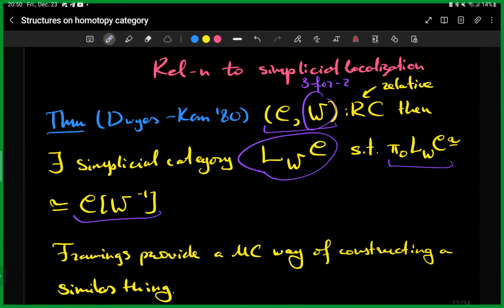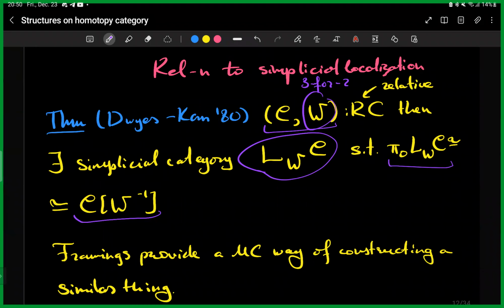The thing is that all this business with framings is a model-categorical way to circumvent this, in a sense, logically tedious construction where we have to take these hammocks and define these simplicial sets of morphisms using hammocks, which may lead to some problems with size and stuff like that.